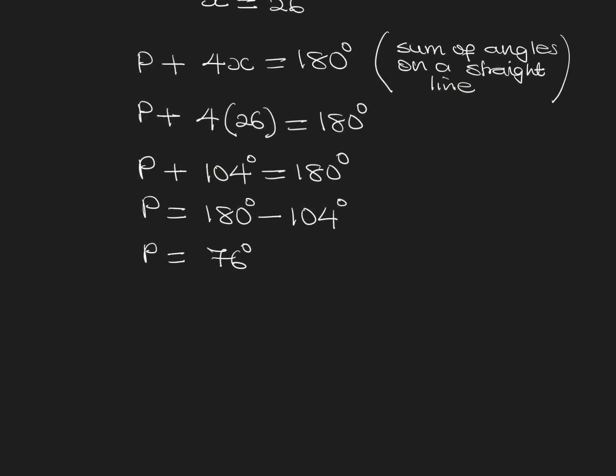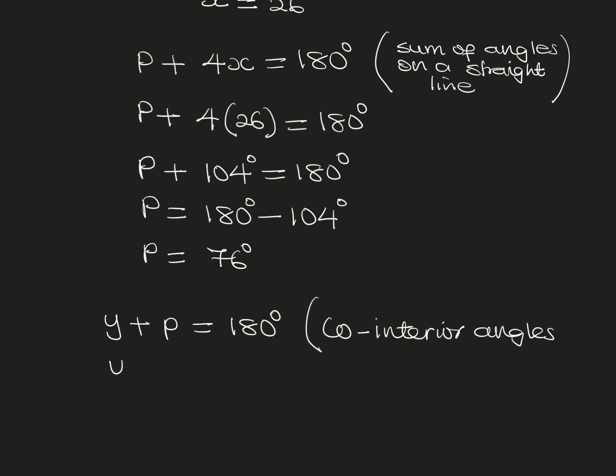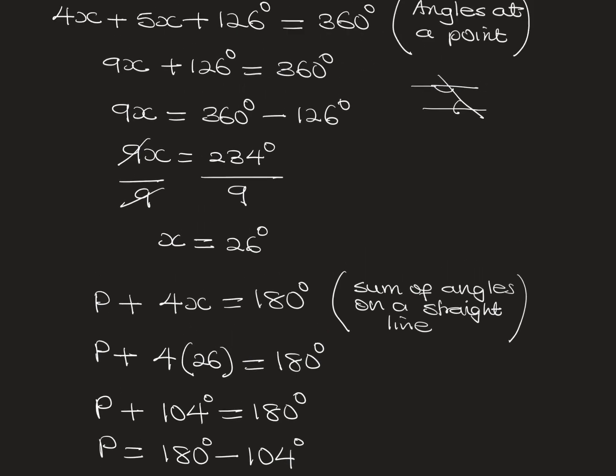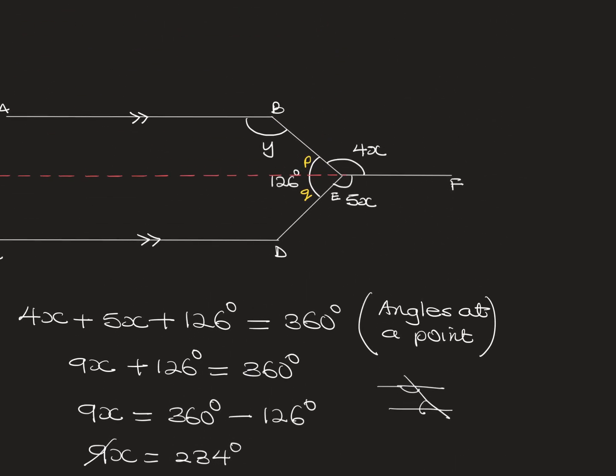So Y plus 76 is equal to 180 degrees. Y is equal to 180 degrees minus 76 degrees. Y is equal to 104 degrees. Okay, so that is the value of angle Y.